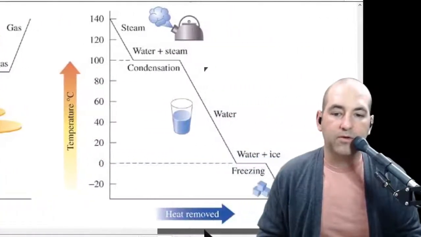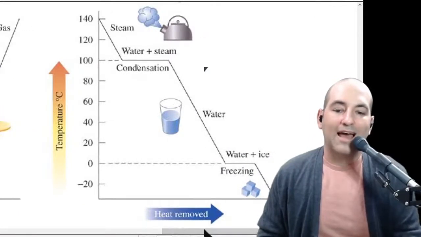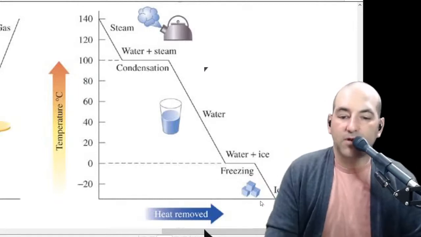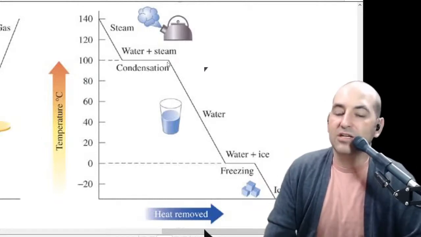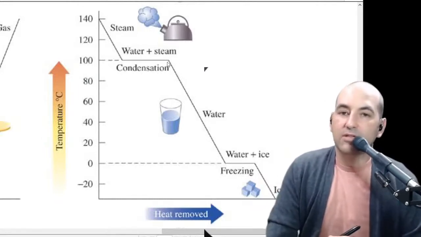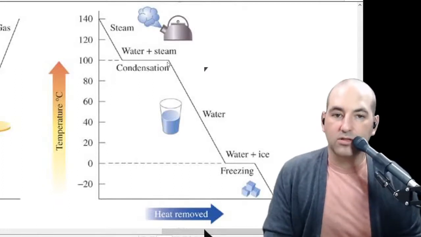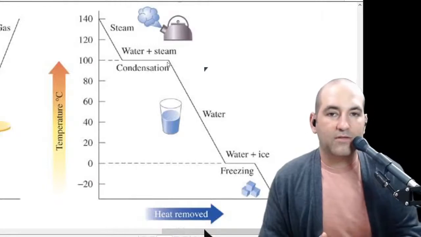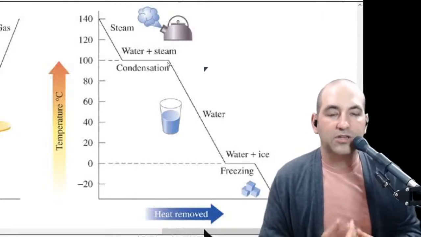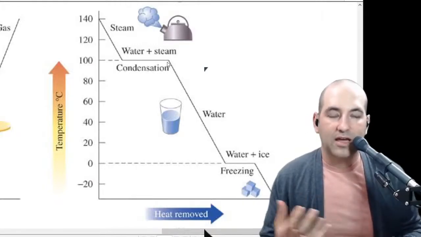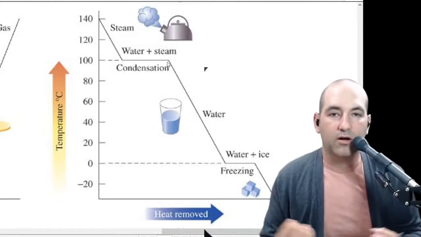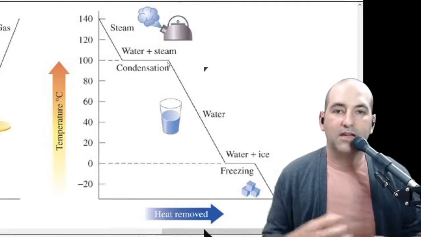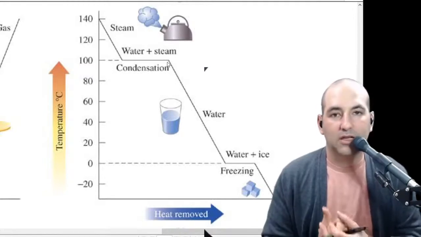And then the reverse of that is the exothermic processes, condensation and freezing. Condensation is exothermic, and that's one reason that steam burns are so dangerous. When steam hits your skin, all of the energy that it takes to break apart water molecules from the liquid to the gas state is being transferred exothermically into your skin.